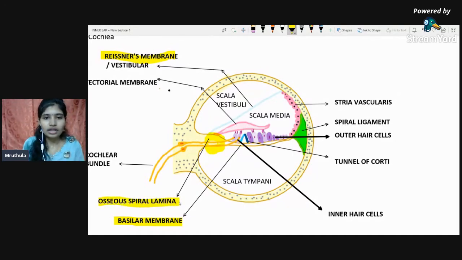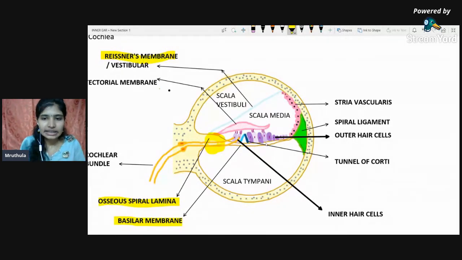Okay. Now we will see the cells within the scala media or the cochlear duct. So here, attached to the basilar membrane, there are hair cells.